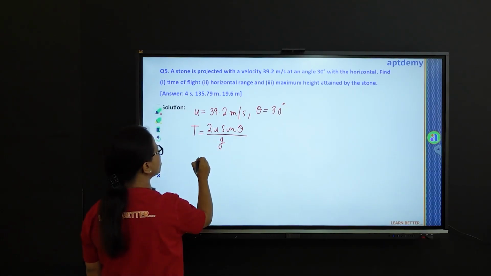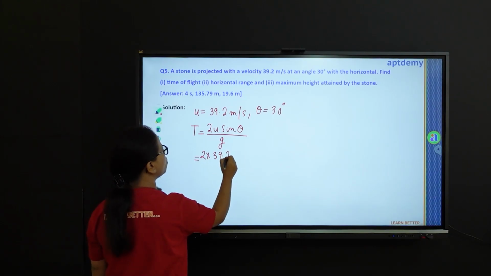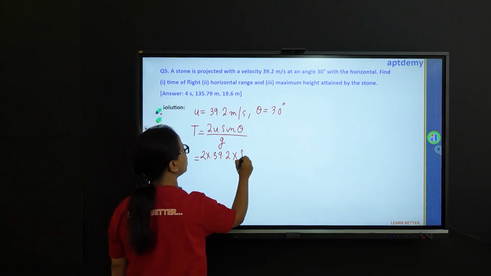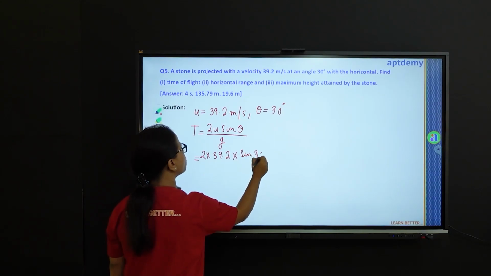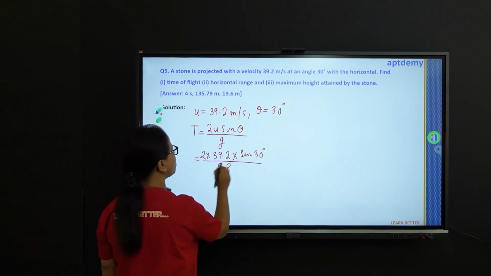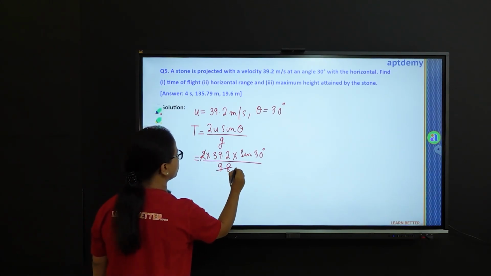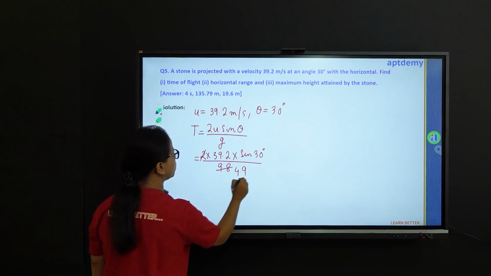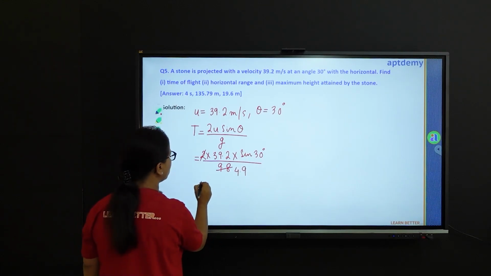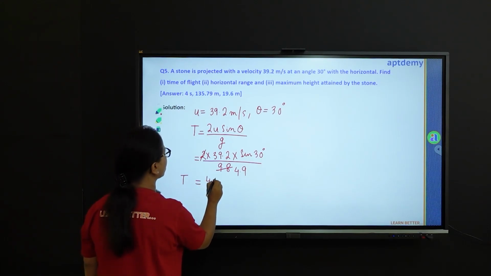So put the values: 2 into 39.2 into sin 30, which is half, by g, 9.8. So this is 4.9, this is again 2. Ultimately we get t equal to 4 seconds.